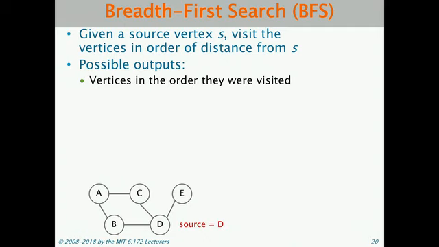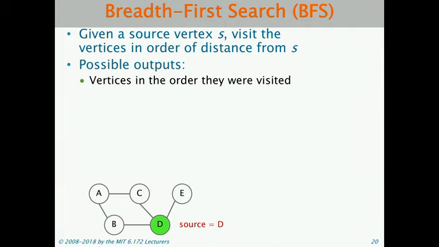So what's one possible order in which we can traverse these vertices? And I should specify that we should traverse this graph in a breadth-first search manner. So what's the first vertex we're going to explore? D. So we're first going to look at D, because that's our source vertex.